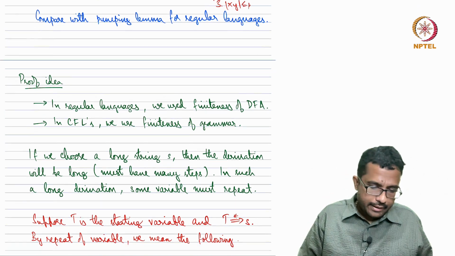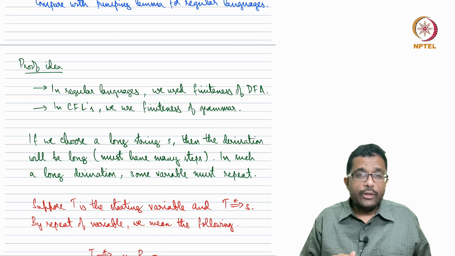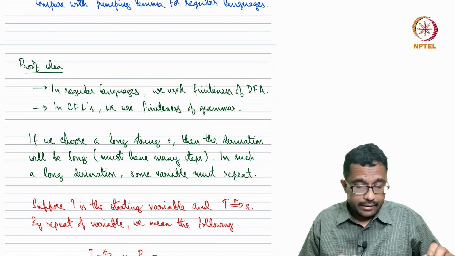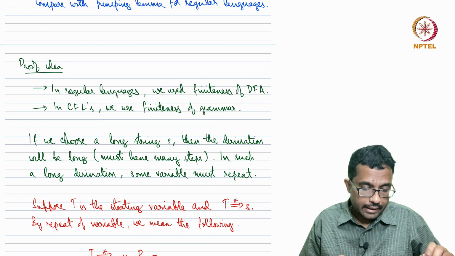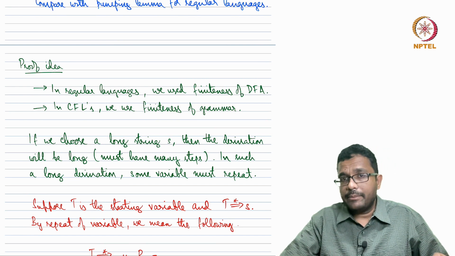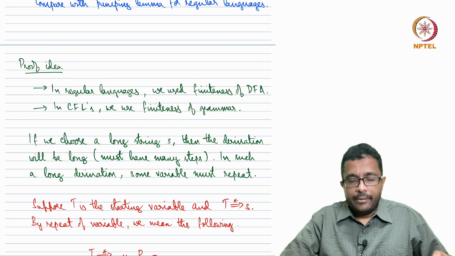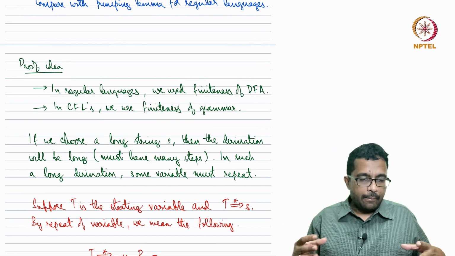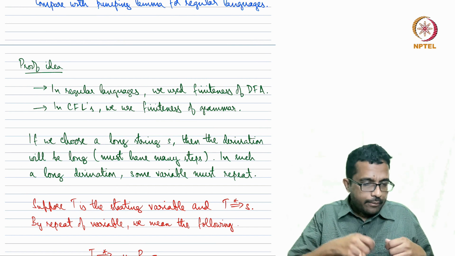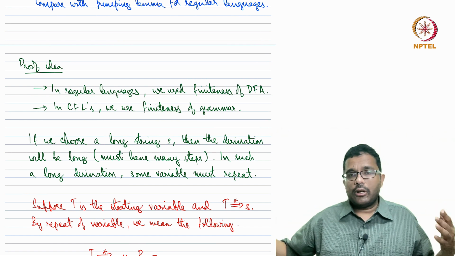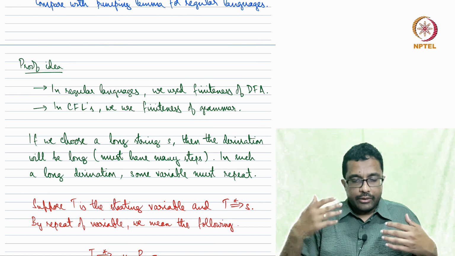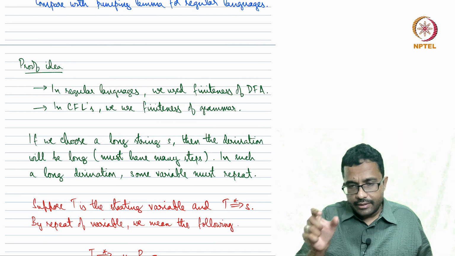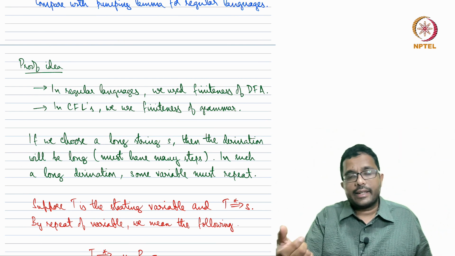In case of context-free languages, we use the finiteness of the context-free grammar. Not the DFA, not the PDA, but the finiteness of the grammar. Basically, the idea is this: if a string is really long, we may have to apply the rules many times, because every rule may have only a limited length of string appearing in the right hand side.